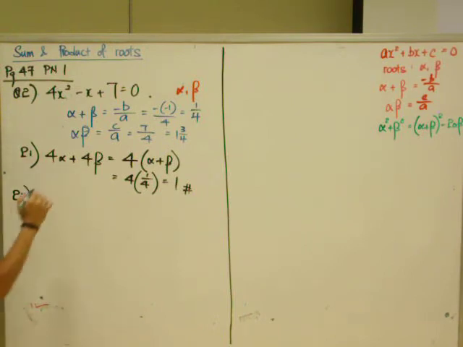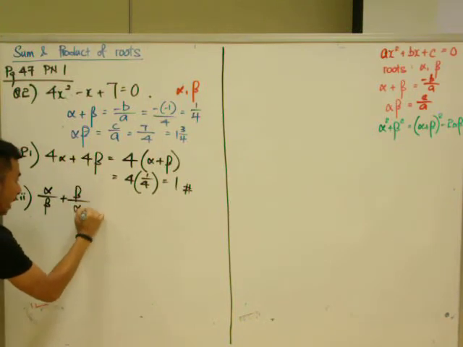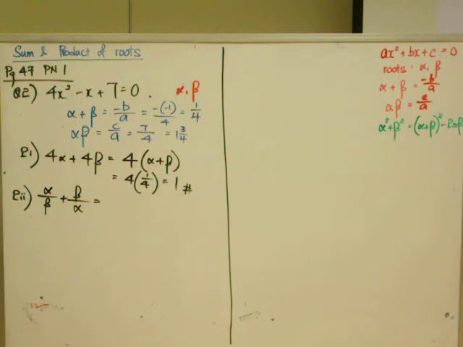Next one. Alpha over beta plus beta over alpha. This one looks a bit tricky. In order for me to find this actual value, Qing Yuan, what do you think you will do? So the step.